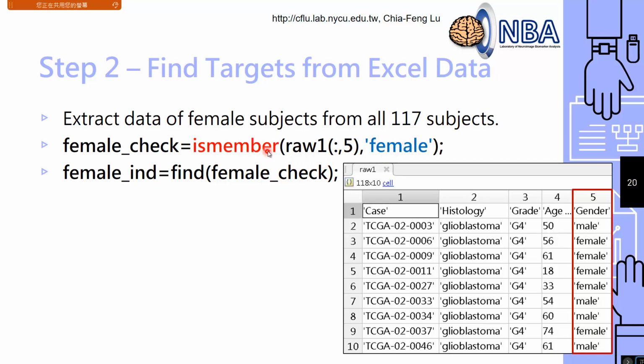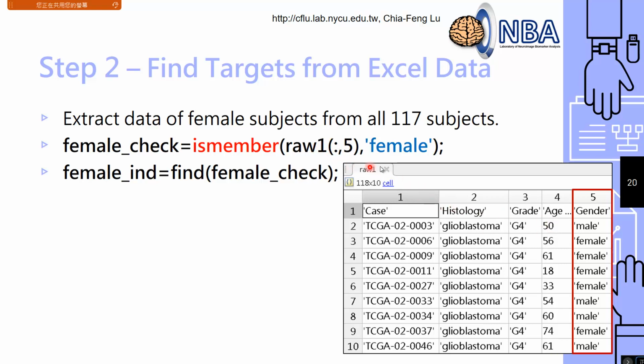So right now you can learn this new function. Again, you can see this function is easy to read. You can see ismember, yes or no, true or false. Now I'm going to input row 1, but not the whole row 1. I specify all the rows, but only the 5th column. Why?